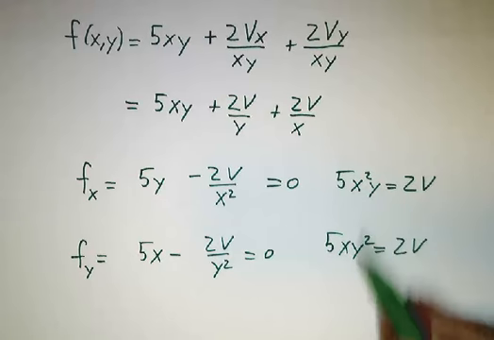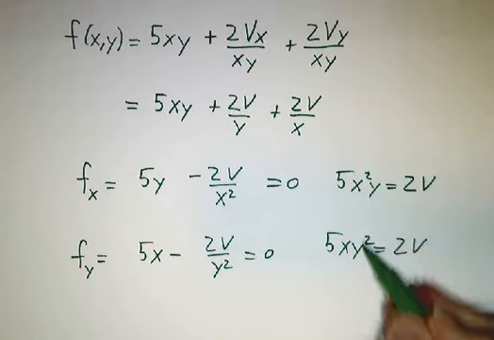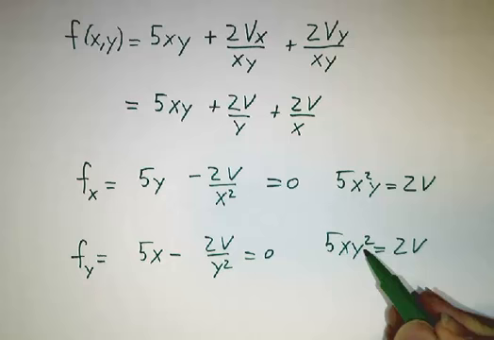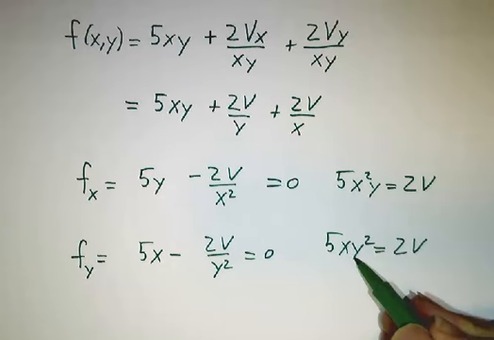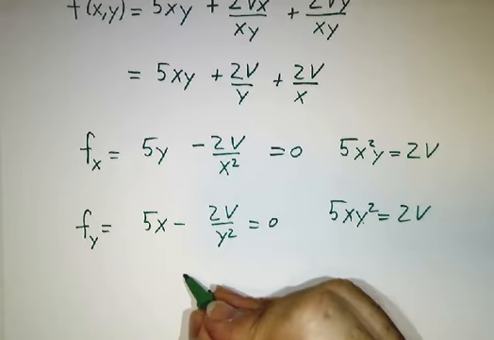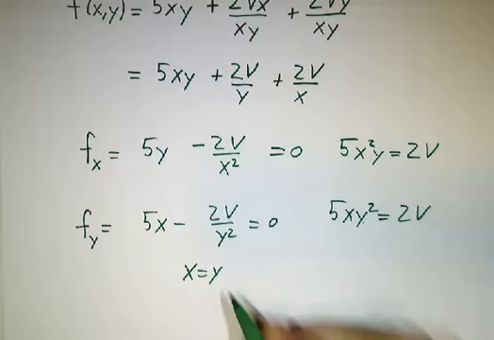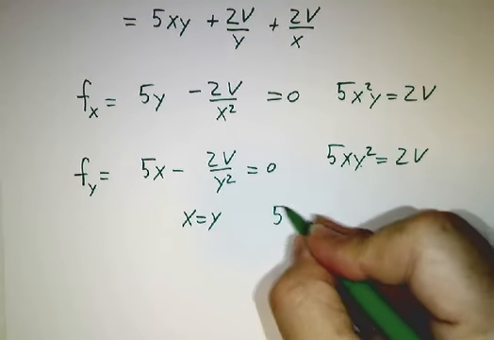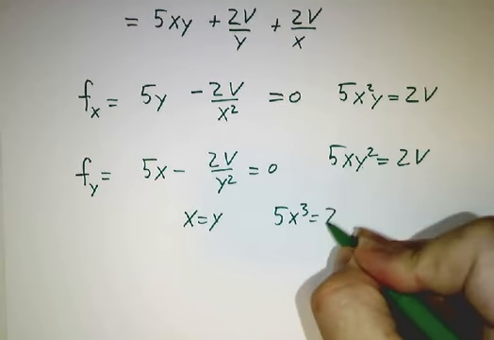Now, if both of these are equal to 2v, that means that x has to be equal to y. Because if x were bigger than y, this would be bigger than this. If y were bigger than x, this would be bigger than this. But they're the same, so x has to be equal to y. Since x is y, we get 5x cubed equals 2v.